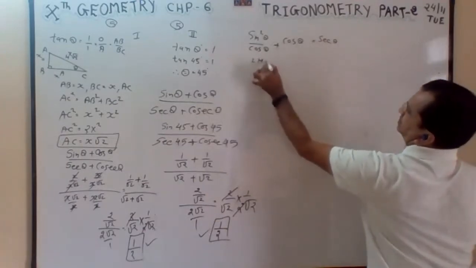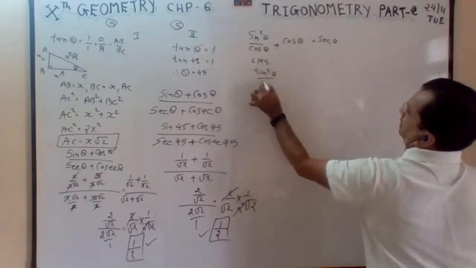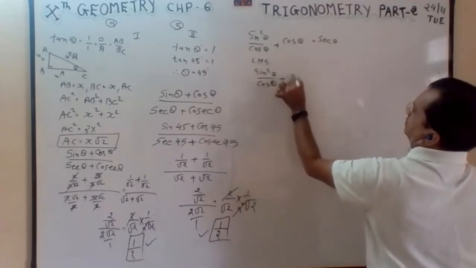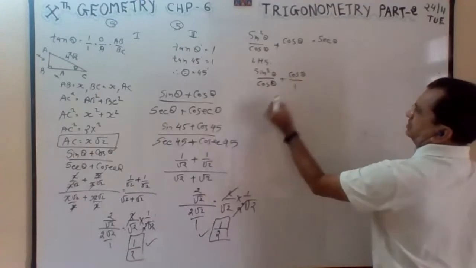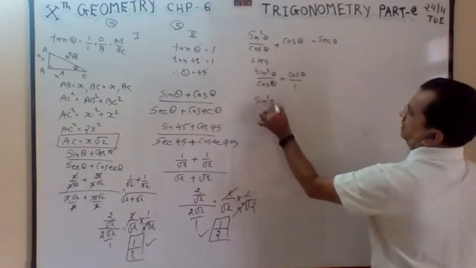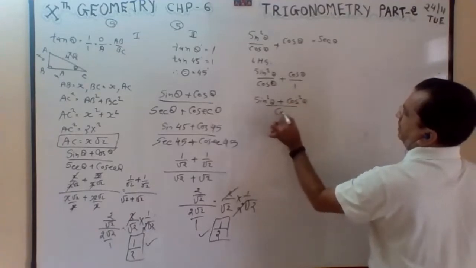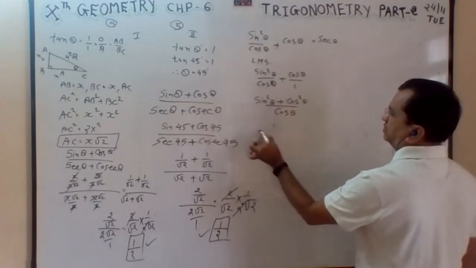So LHS is equal to sin square theta by cos theta plus cos theta by 1. Take the cross product: sin square theta plus cos square theta divided by cos theta. Sin square plus cos square is equal to 1.